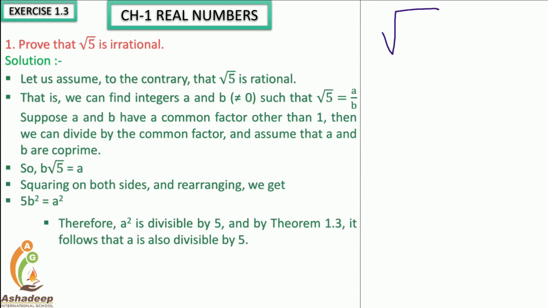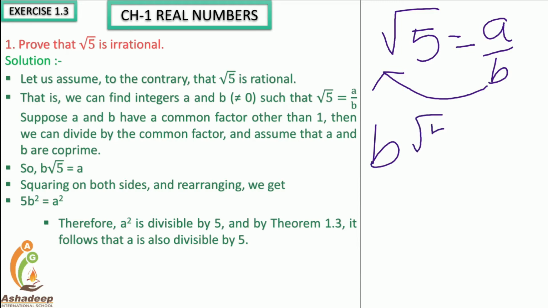First of all, assume that square root of 5 is a rational number, therefore it can be written in the form a by b, where a and b are co-prime numbers. What a co-prime number is, we already saw in the previous lecture. Now b from the denominator goes into the numerator, so b into square root of 5 is equal to a.